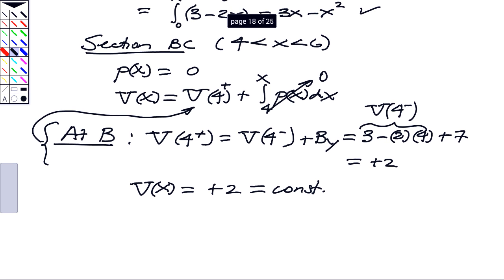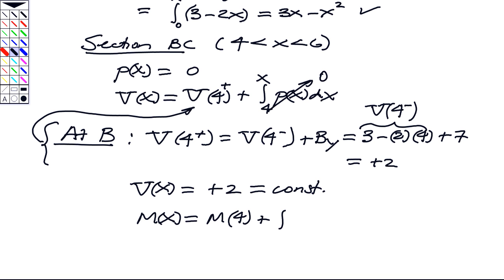And finally, when we do segment BC, I don't need to write that down again, because I already have. I need to have M of x here equal to M, what it is at 4, plus the integration from 4 to x of V of x dx. This is just using the integration results that we have.